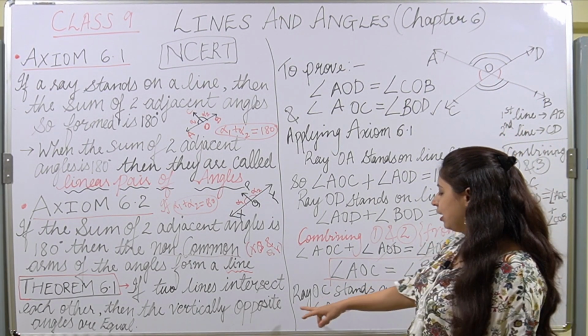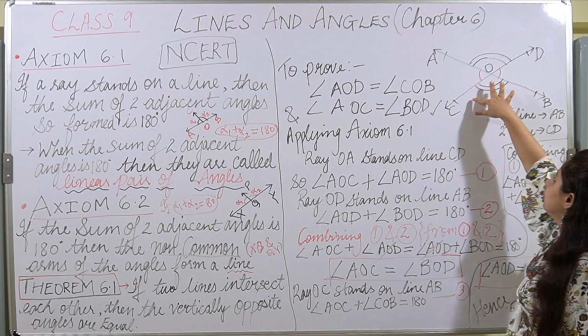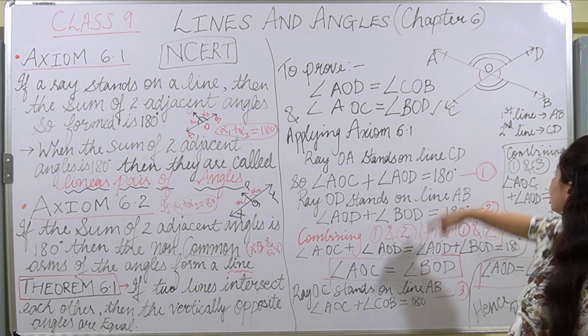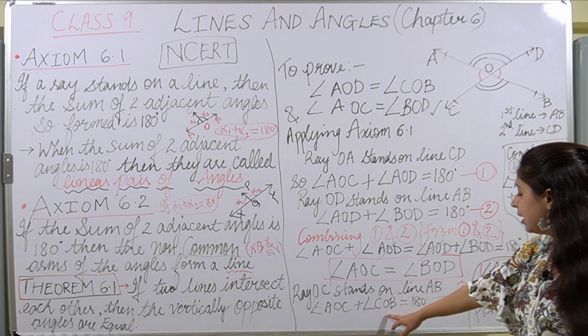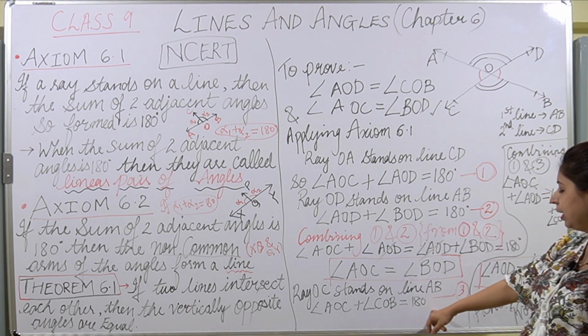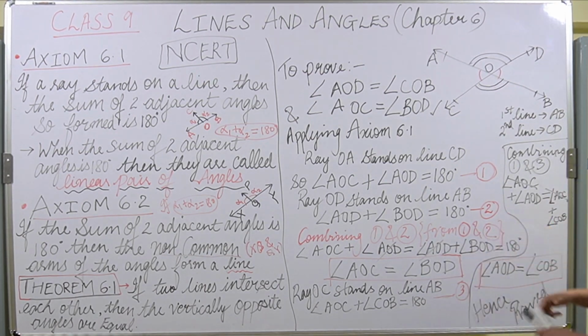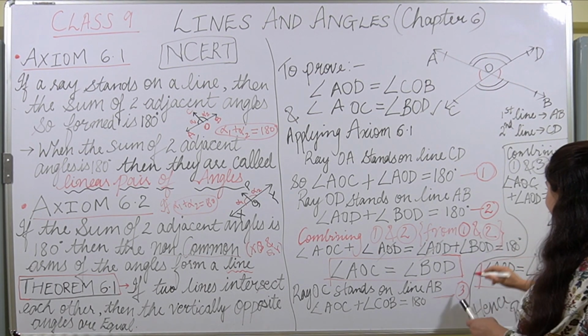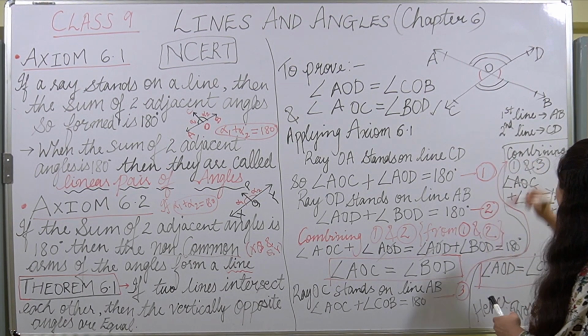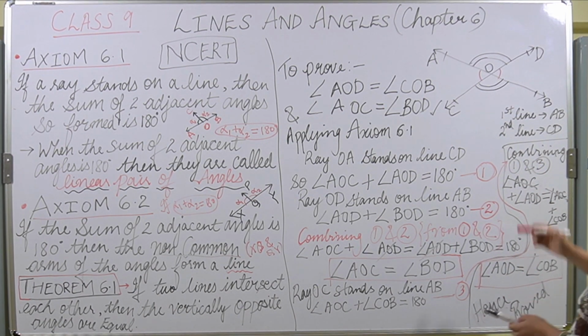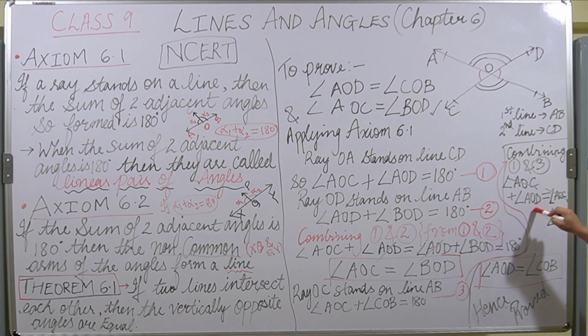Then I have taken the ray OC which stands on the line AB. So I got angle AOC plus angle COB equals 180 degrees. Then combining 1 and 3, angle AOC plus angle AOD is equal to angle AOC plus angle COB.